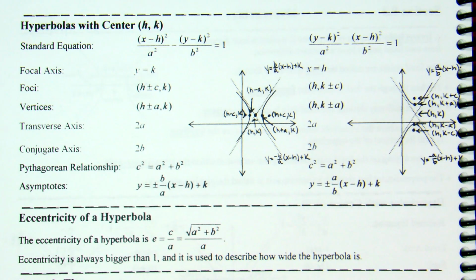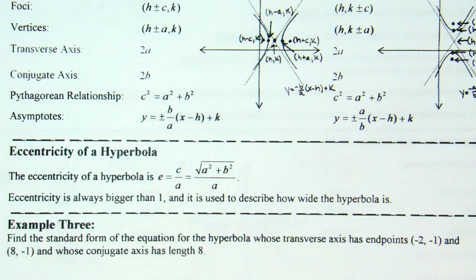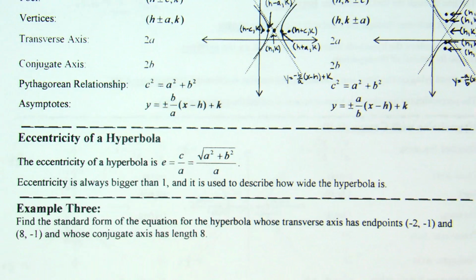You'd only be filling in a, b, h, and k. On the asymptotes, you're writing an equation, and an equation has variables x and y because it's an equation of a line. It's like y equals mx plus b is the form it would end up in.